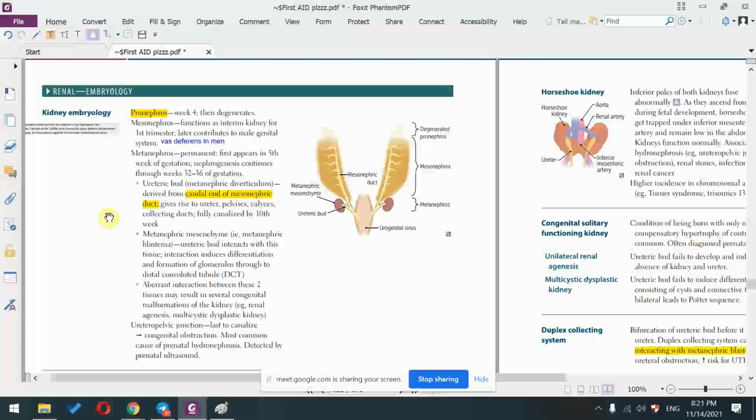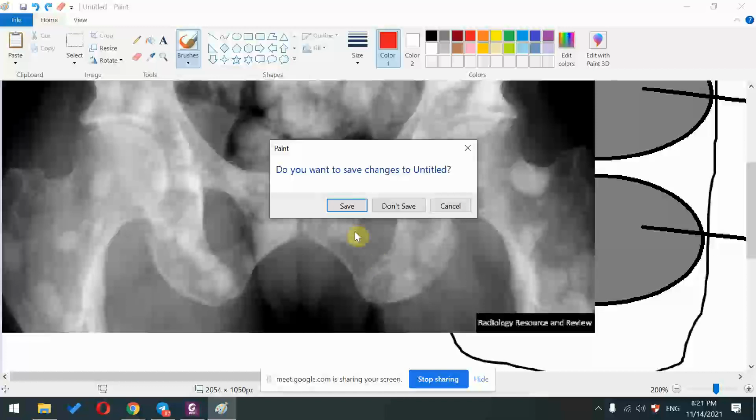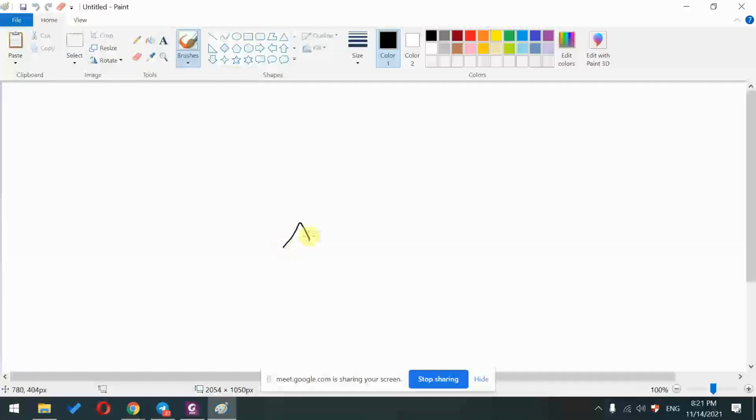So if I keep compressing this baby, he will get something called the Potter sequence. What does sequence mean? A sequence is one initial pathology that leads to a sequence of pathologies. So it's one problem that leads to multiple problems. Let me tell you what I mean by that.